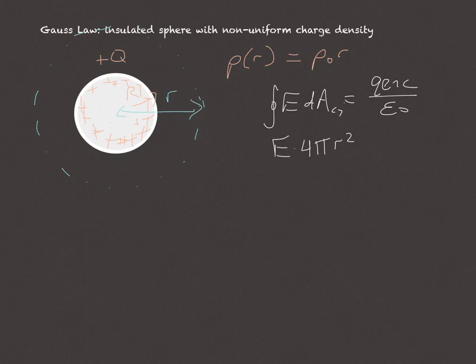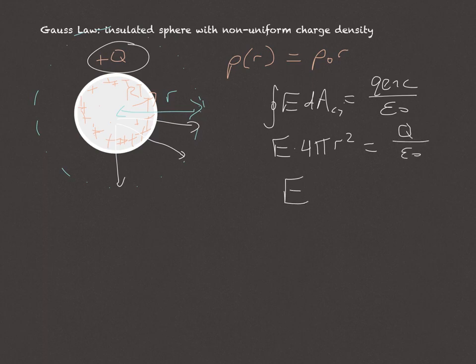The electric field is constant, again because the distance away from the center is the same at every single part of our Gaussian surface. The total amount of charge enclosed is the positive Q, over epsilon naught.